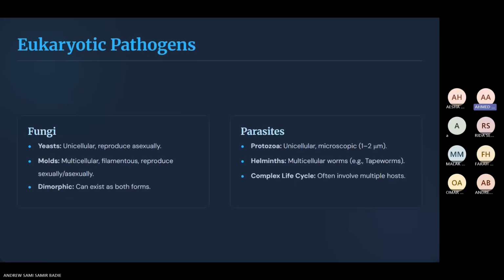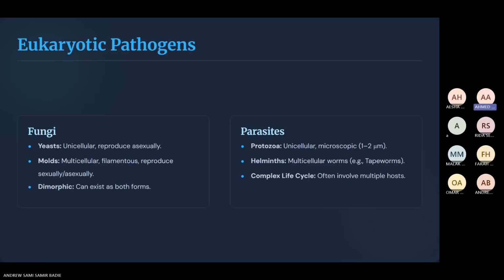For example, we have the tapeworm. Two important features of parasites: they can be seen with the naked eye in the case of helminths, and they have a complex life cycle where they must go between different hosts in order to complete their own life cycle.